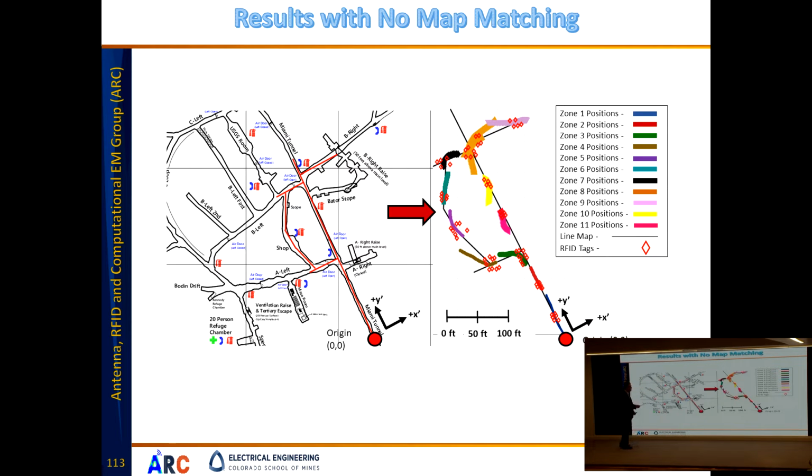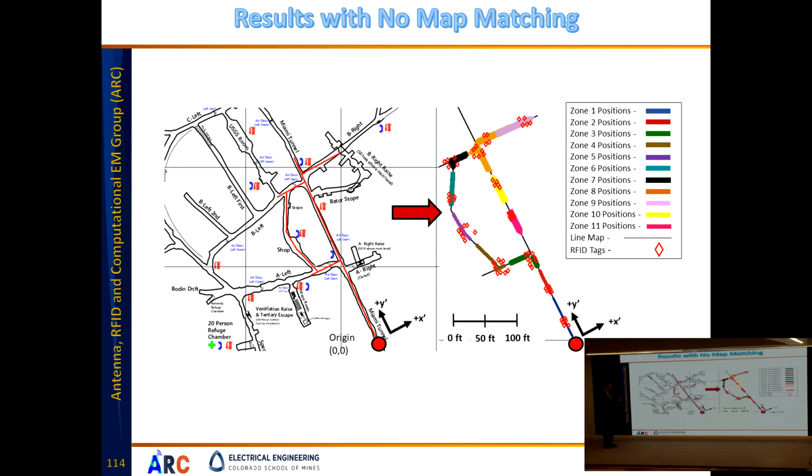When he used the IMU and RFID system, all these dots or traces are the positions predicted by the system. Knowing that we are in a mine, if we do map matching on this trace, then the system is going to give you these positions. And you can see a perfect match on the mine trace as well. So that's basically how it was done at this time.